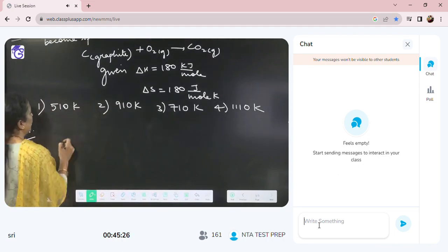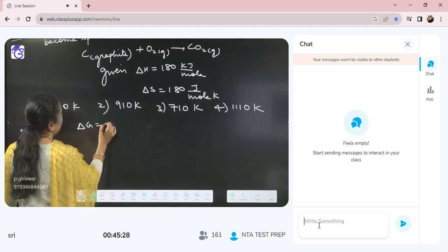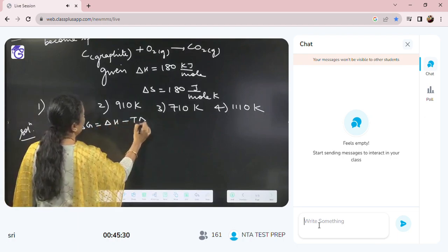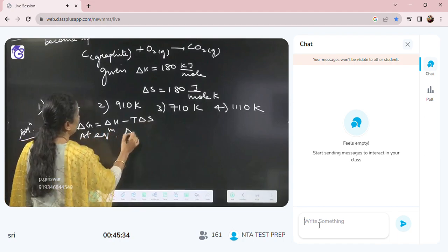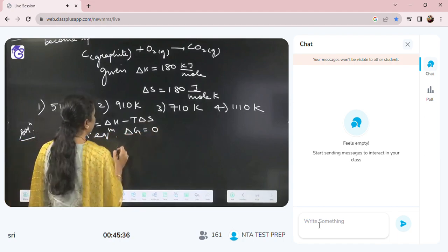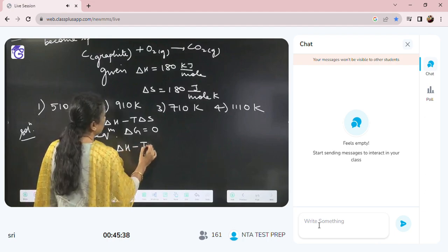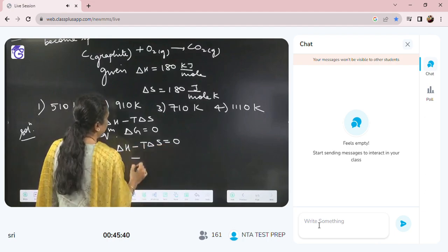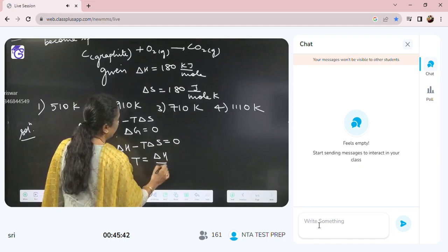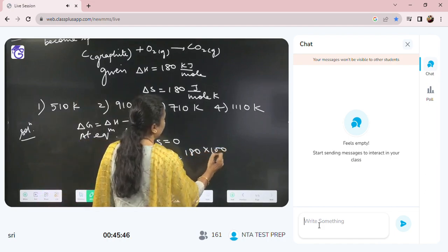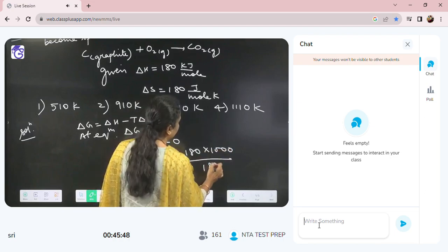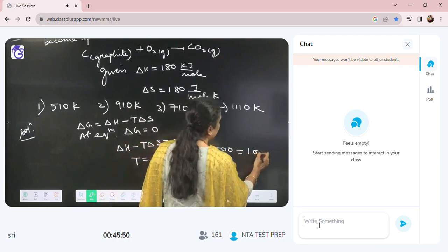So the thing is, first of all, we know the equation delta G is equal to delta H minus T delta S. First of all, find out at what temperature equilibrium is existing. At equilibrium, delta G is 0. So delta H minus T delta S is 0. Temperature will be delta H upon delta S. Now be careful with the units there. I have given you delta H in kilojoule, divided by this 180. So basically you have 1000 Kelvin.